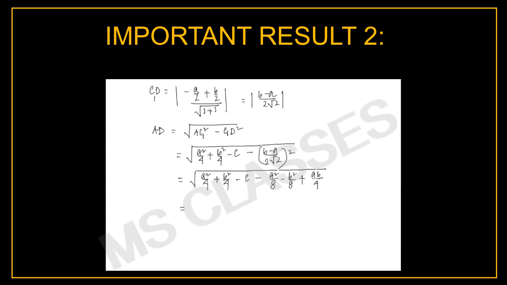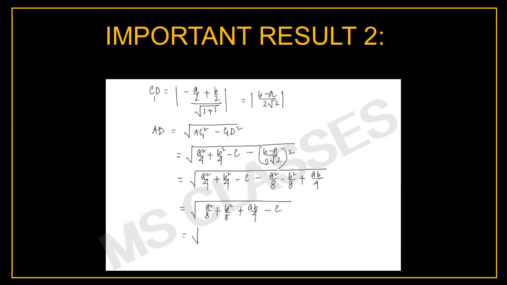Now we can understand that here we have 4, here we have 8. So if we simplify, this will ultimately be a square by 8 plus b square by 8 plus ab by 4 minus c.